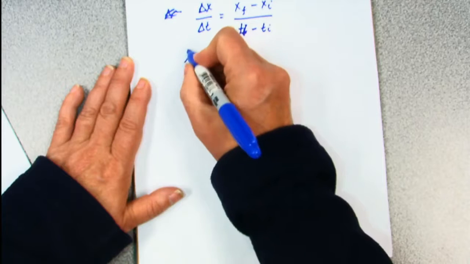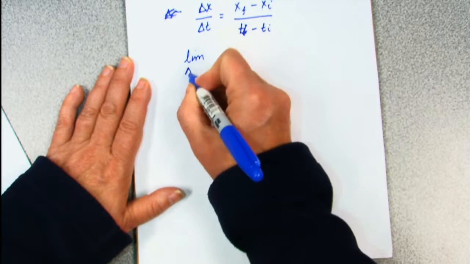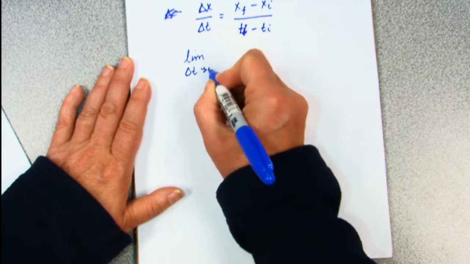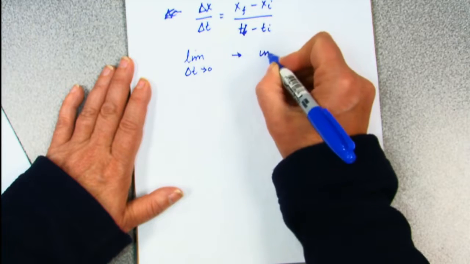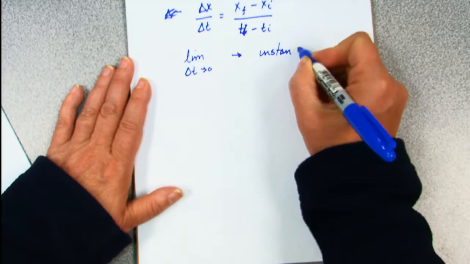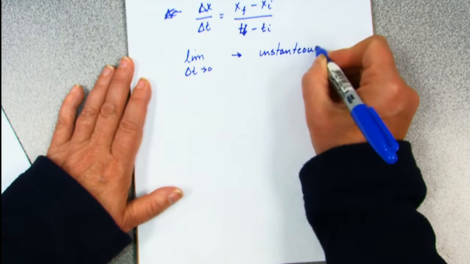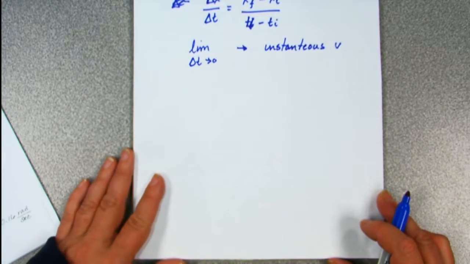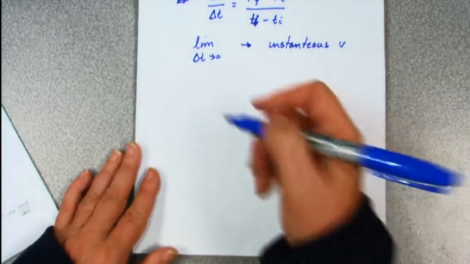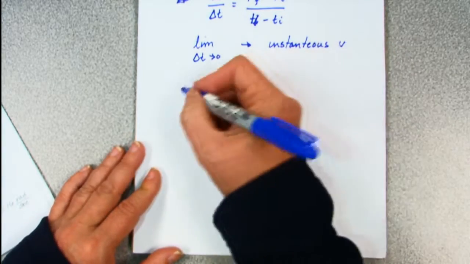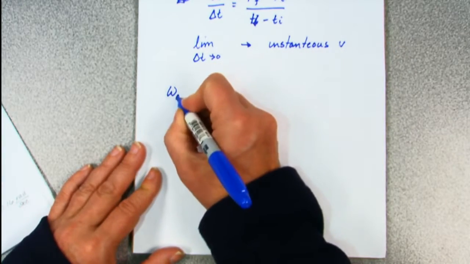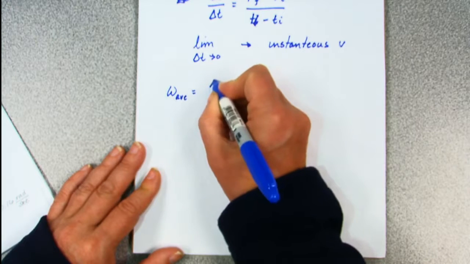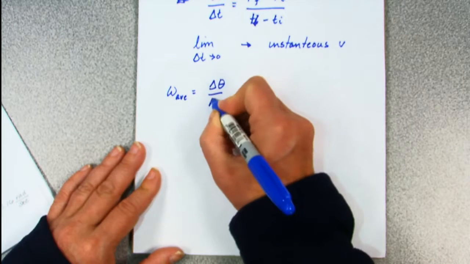And we also did a limit as the change in time got very, very small, and that gave us an instantaneous velocity. Well, guess what? I can do the same thing now, and I can get an instantaneous. So my average omega is just going to be my change in angle with respect to time.